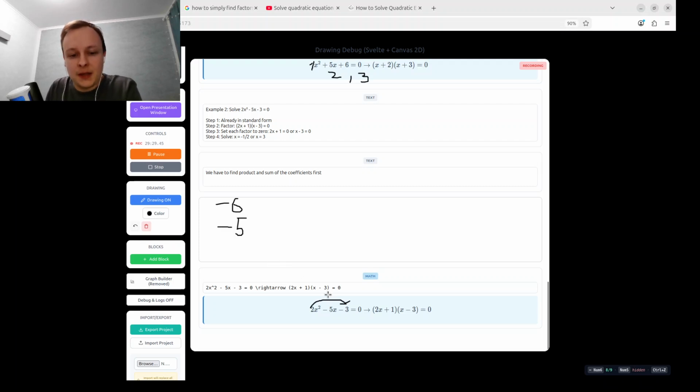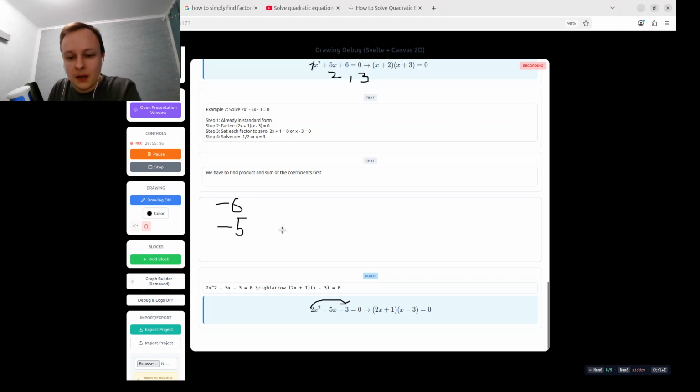So we have to find such two numbers. Just remember that you have to multiply the third coefficient by the first quadratic term coefficient. In this case the product has to be -6, and the sum has to be -5, and we have to find these two numbers.